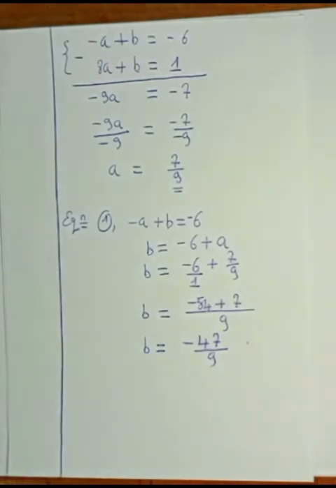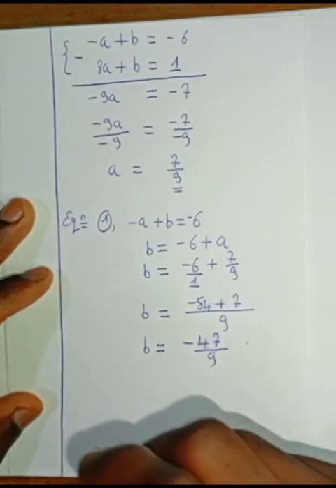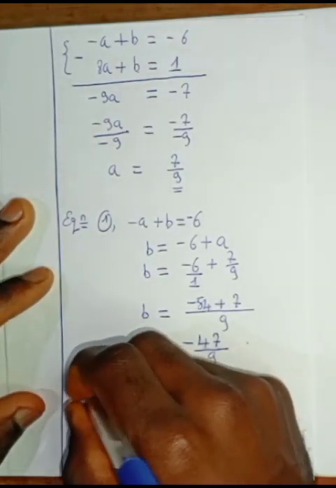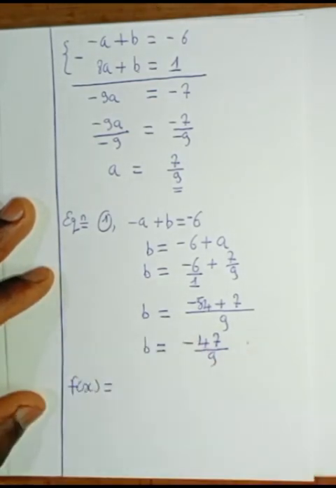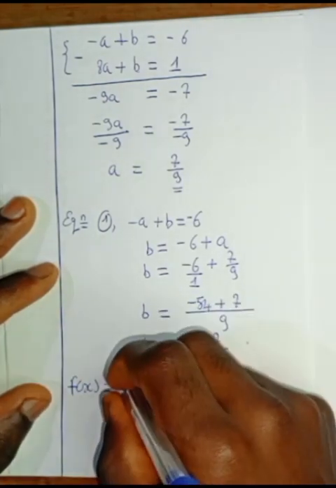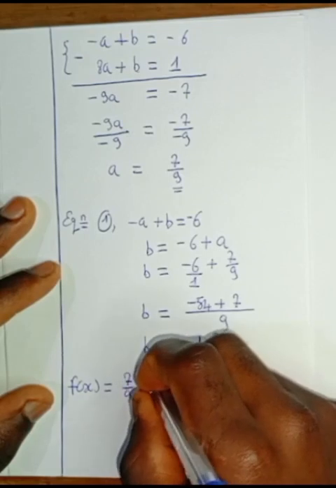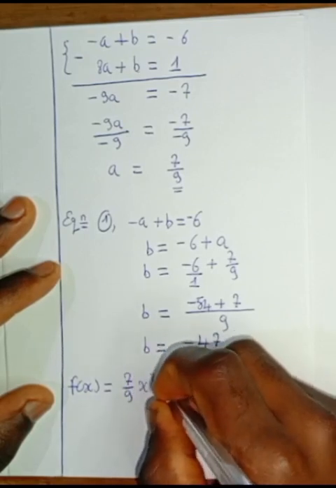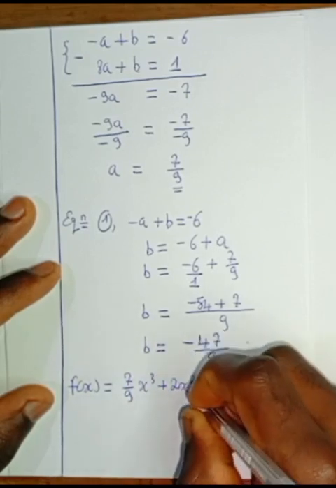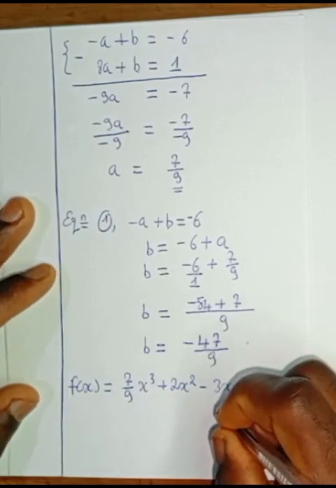Now we can write down our polynomial f of x. So our polynomial f of x is simply equal to a. We have a as 7 over 9 x cubed plus 2x squared minus 3x plus b.